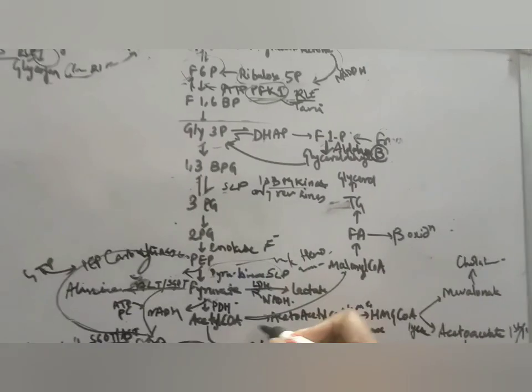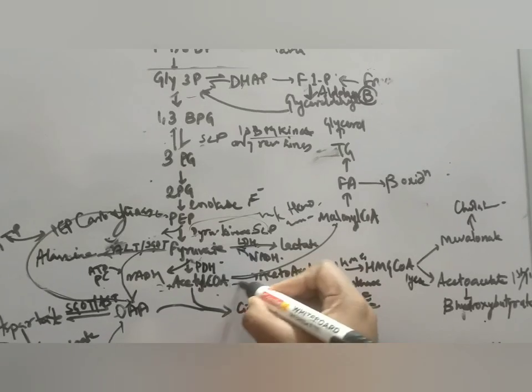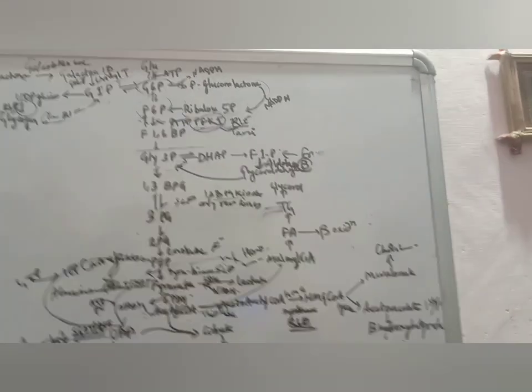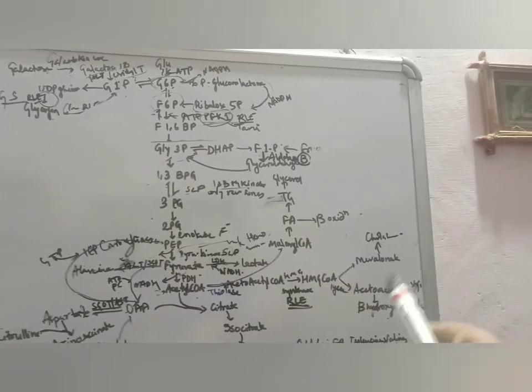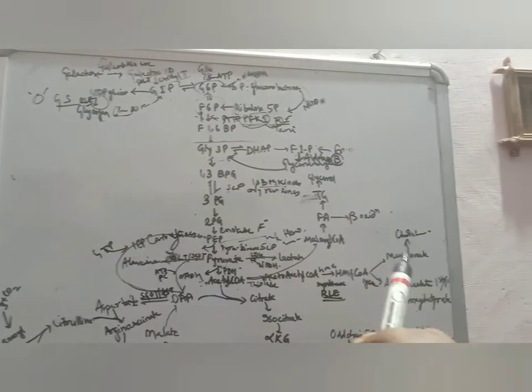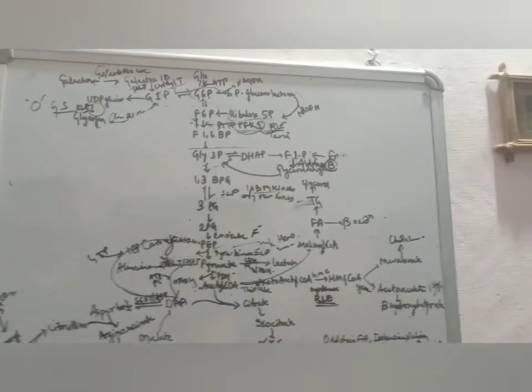The enzyme which converts acetyl coenzyme A to acetoacetyl coenzyme A is thiolase, L-A-S-E. And what is the thiophorase enzyme? Thiophorase acts on acetoacetate to form acetoacetyl coenzyme A, and finally it will become 2 acetyl coenzyme A.